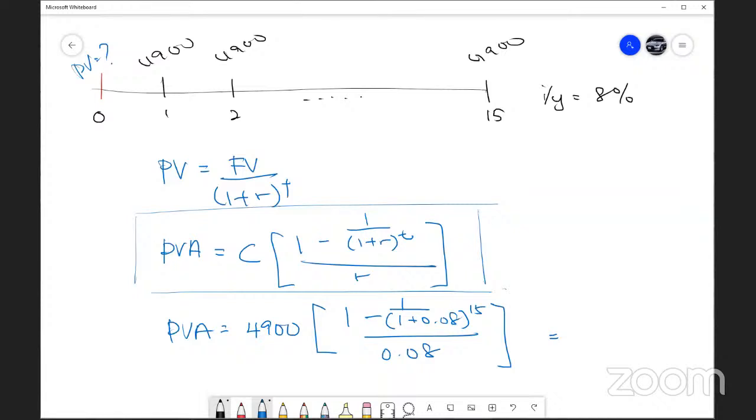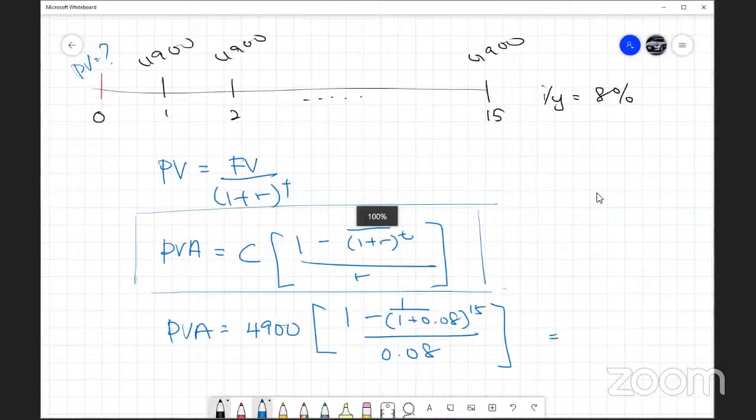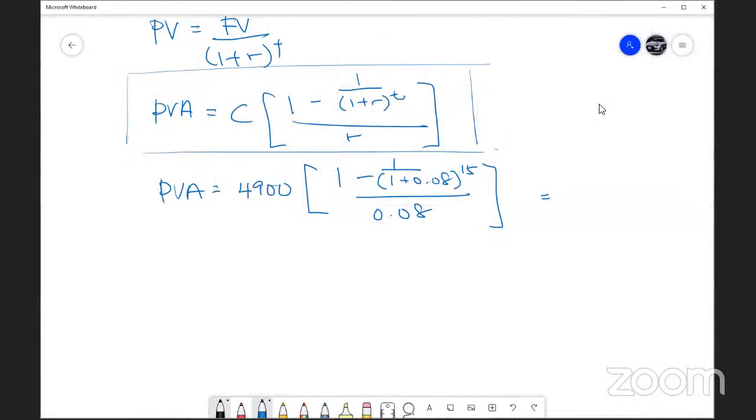This is for the scientific calculator. If you're using a financial calculator, you don't know your present value, so you need to compute it.